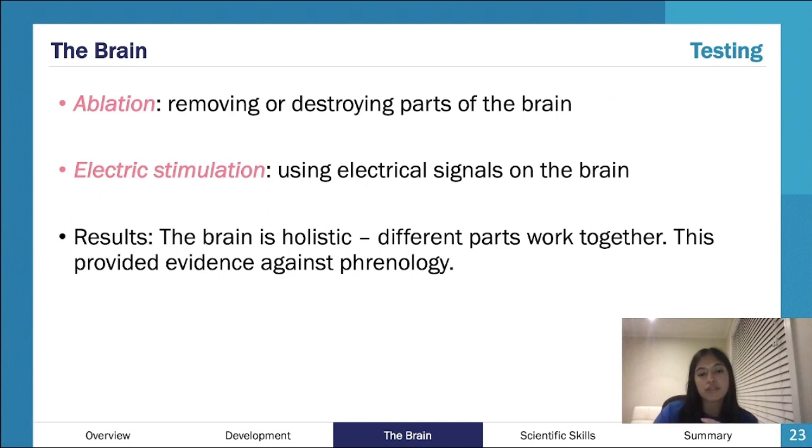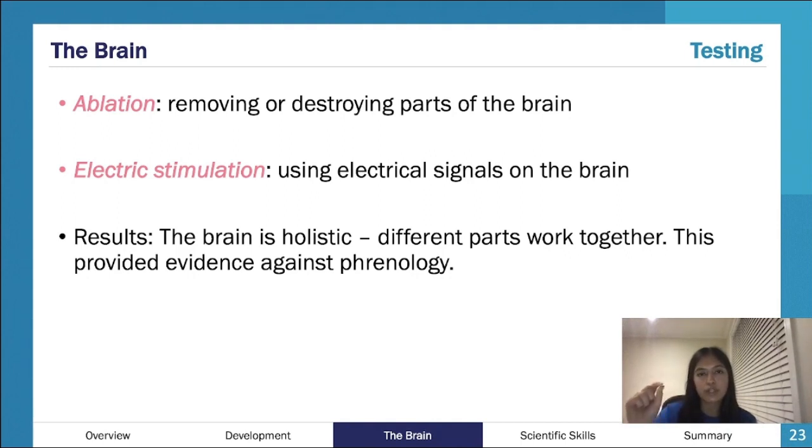In terms of figuring out what the brain actually does, there were certain techniques. So ablation, this is a little bit more of an old school one, as you can imagine. Parts of the brain are basically just taken out or destroyed, and then they figured out what function is lost. So a pretty clear method of testing, obviously pretty unethical. Electric stimulation is a more modern thing as technology grew.